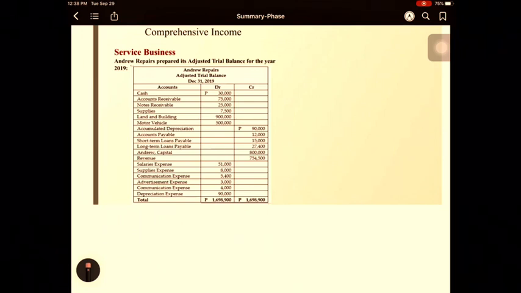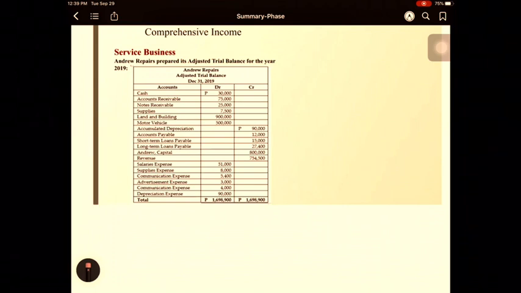According to our discussion a while back, if we are preparing an income statement for a service type of business, usually the form or the method used in presenting the income statement is your nature of expense.